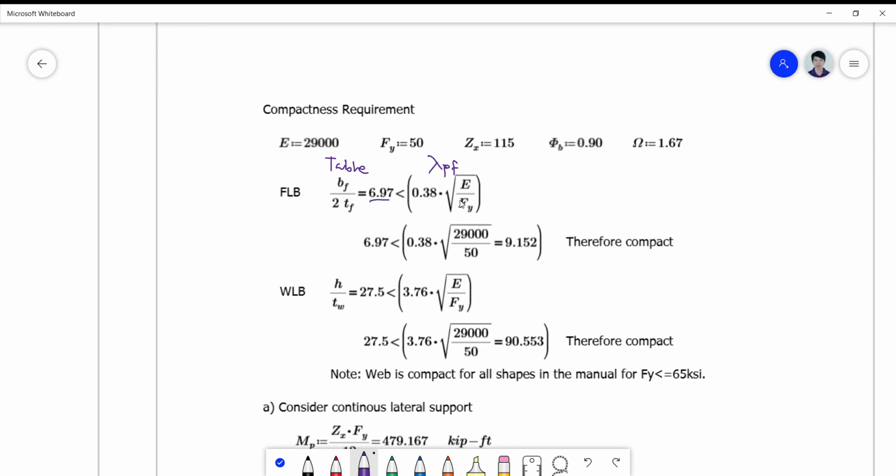Computing this for the values of E and Fy given, we can see that this is less than the limit, therefore the flange is compact.